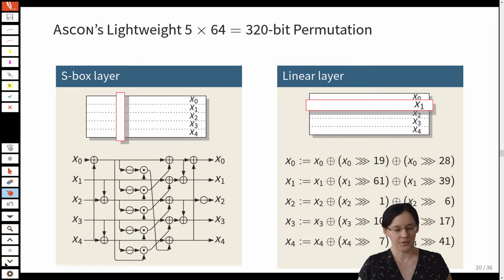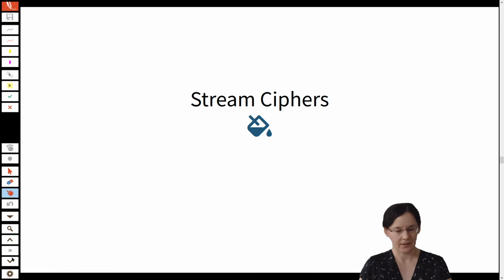Okay, so this is a sort of alternative approach which tries to balance hardware and software, and also be suited, for example, for masking. Okay, that's it for the standard design, so to say.